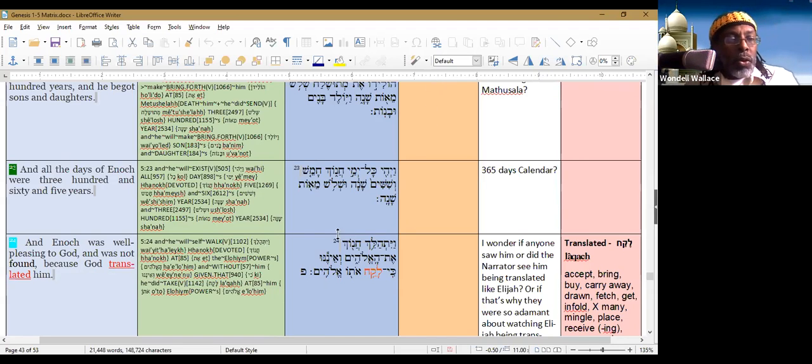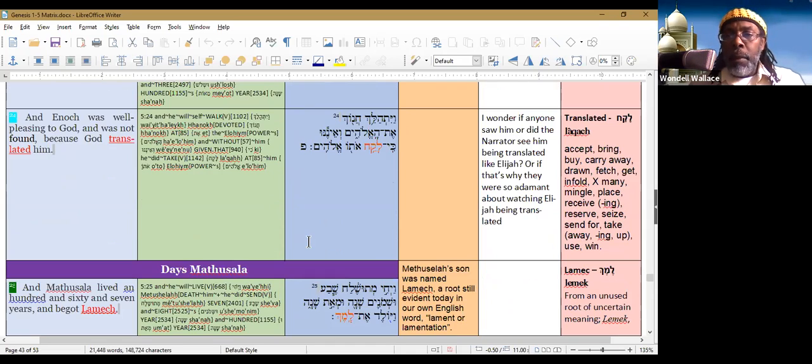All right. And Enoch was well pleasing to God and was not found because God translated him. Okay. I wonder if anyone saw him be translated, or did the narrator see him being translated, like Elijah?